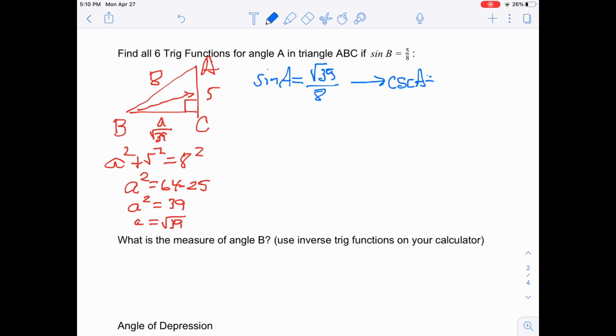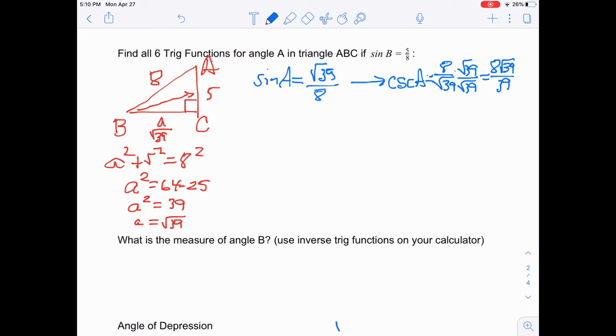Cosecant of A is going to then equal 8 over the square root of 39. To rationalize that, I multiply by the square root of 39 over the square root of 39, as we've done before. So that equals 8 square roots of 39 over 39 for my cosecant.